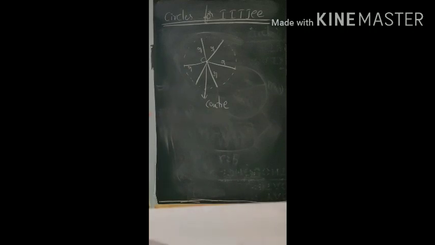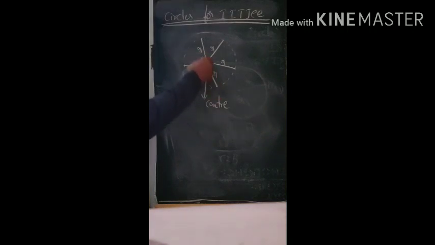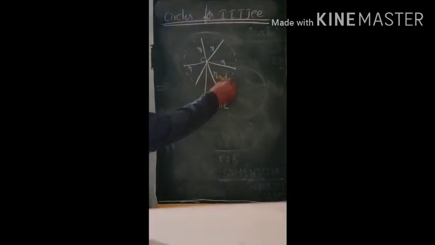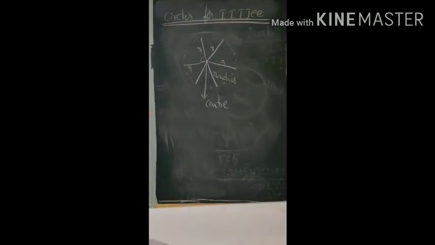The fixed point is the center of the circle, and the fixed or constant distance is the radius of the circle. So the basic definition of a circle is the locus of a point in a plane which moves in such a way that its distance from a fixed point in the plane is always a constant.